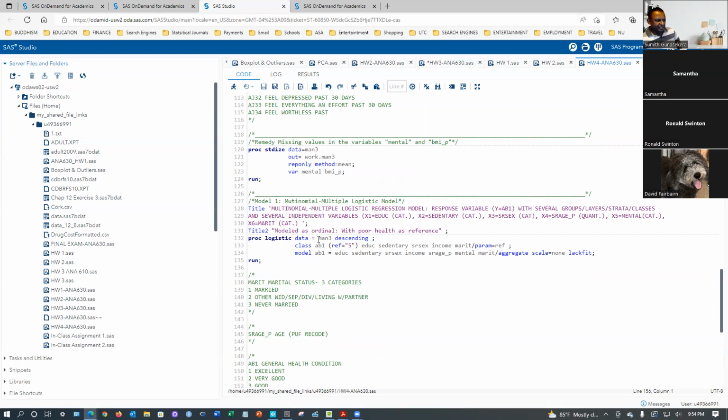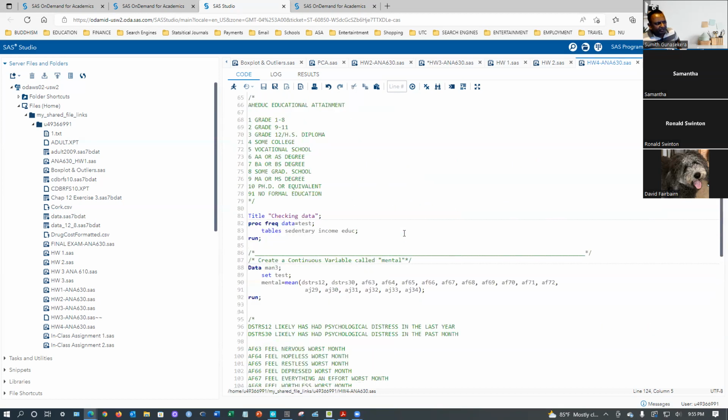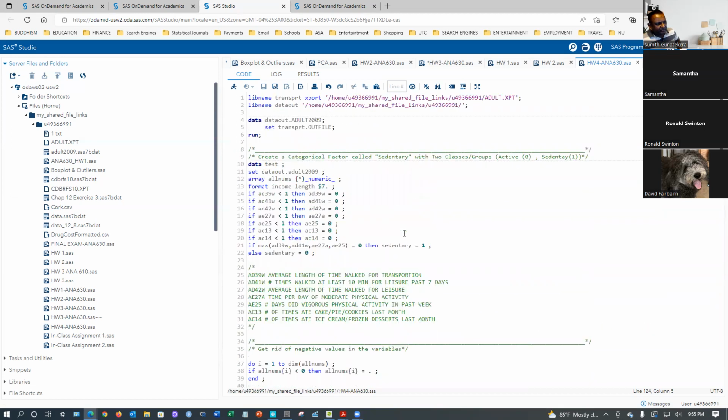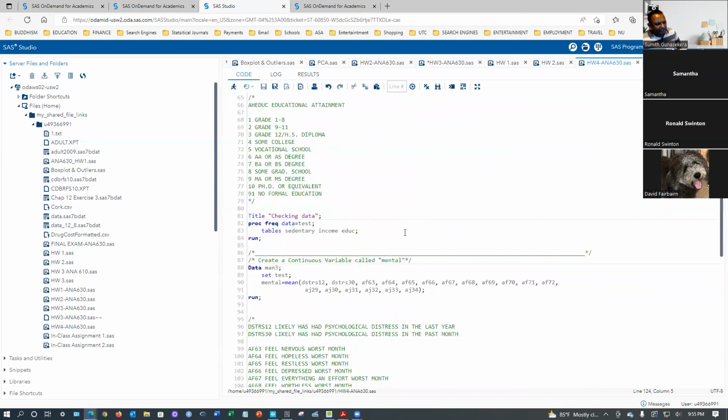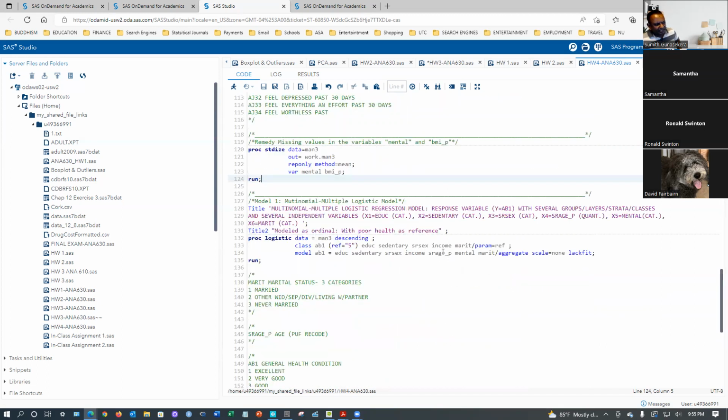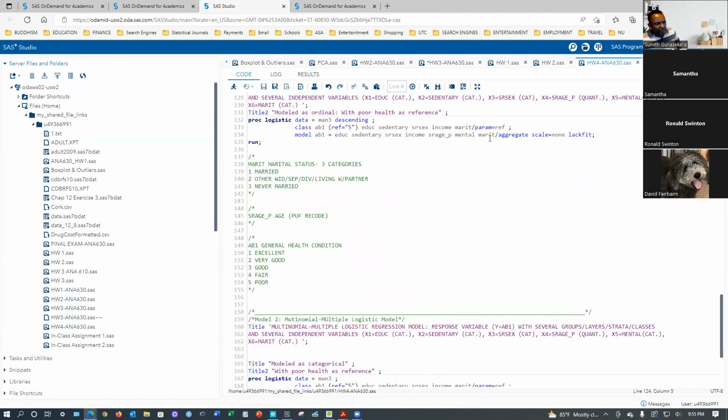So I'm going to model that one with education, sedentary, gender, and income, and all the x variables are categorical. Education, sedentary. Age, would that be categorical? Let's see. I don't think age is categorical. No, sorry. Marital status is categorical.